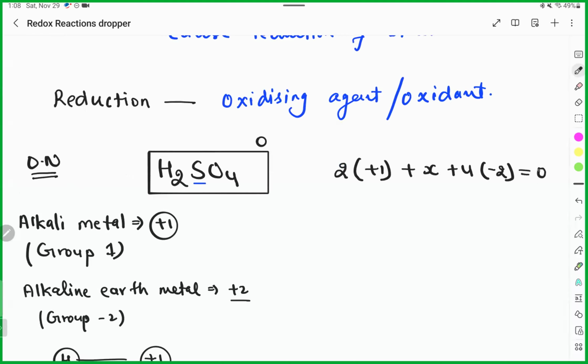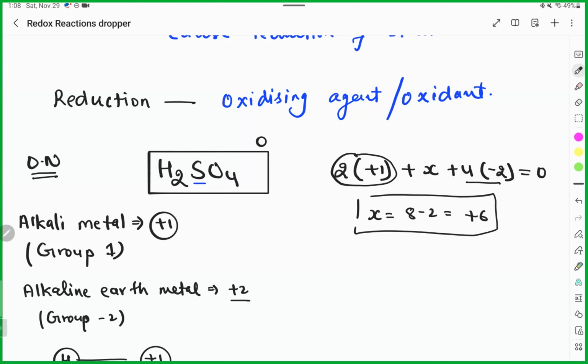And the total charge on all is 0, because it is a neutral molecule. So -8 will go to the other side and become +8, and this +2 to the other side becomes -2. It is equal to +6. We don't know sulfur's, right? Yes, sulfur's is what we have to find.